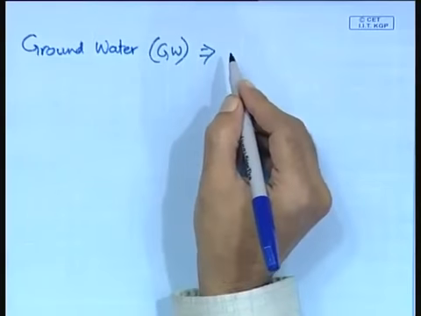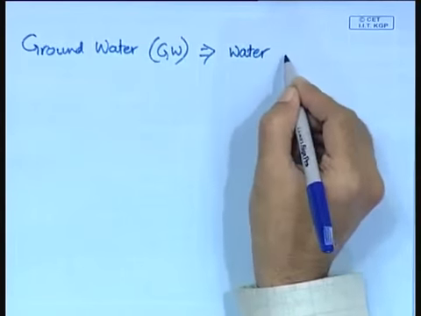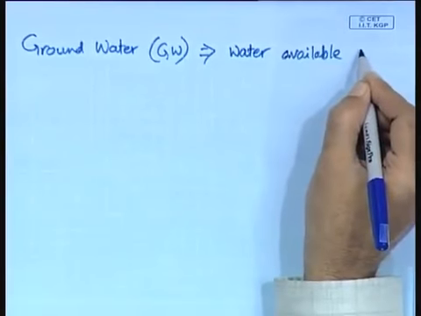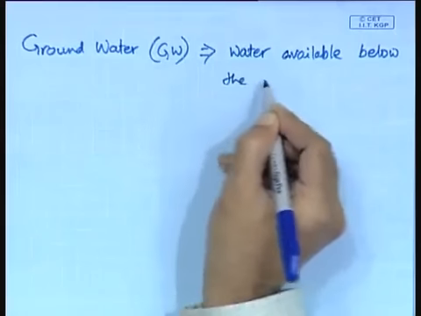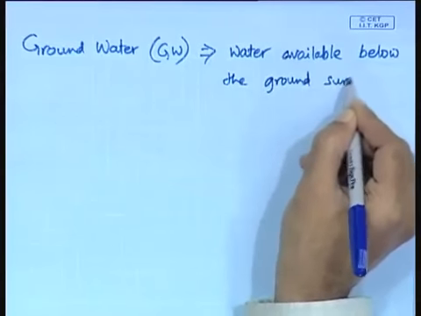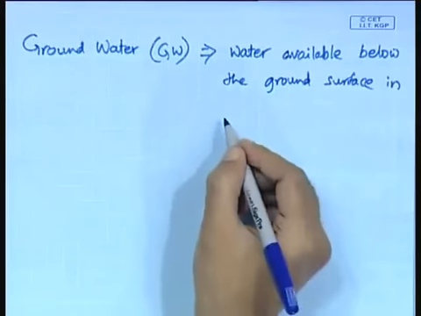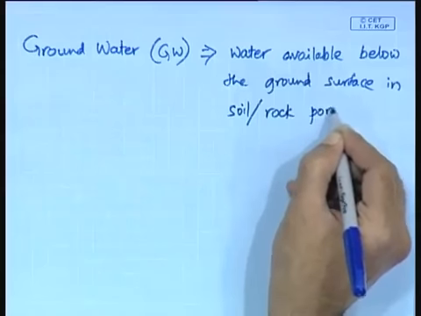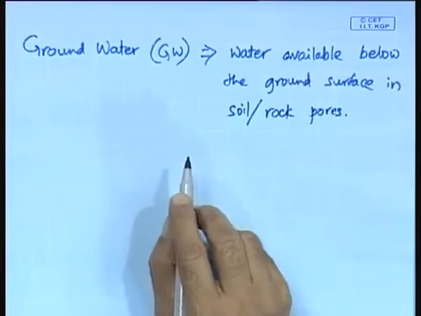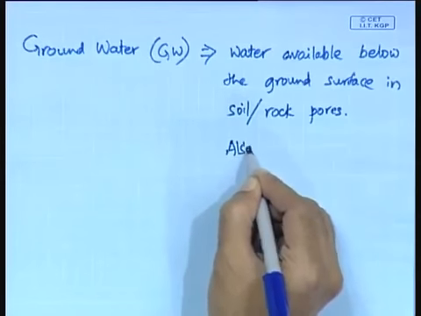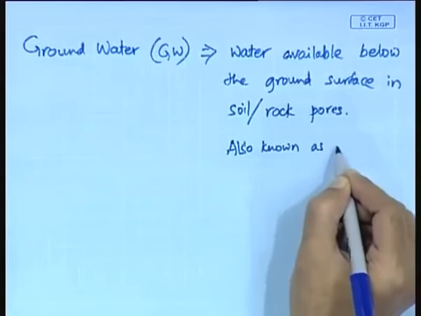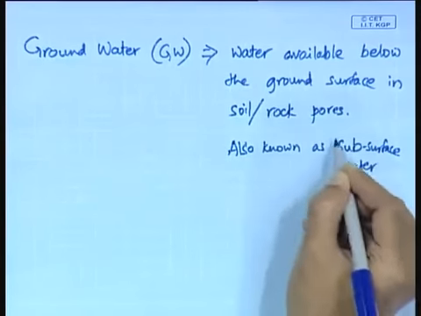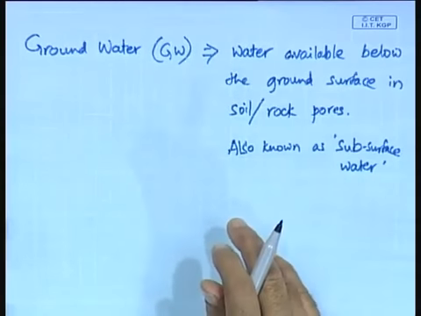So, groundwater is the water available below the ground surface in soil or rock pores, also known as subsurface water, for the simple reason that it is available below the ground.